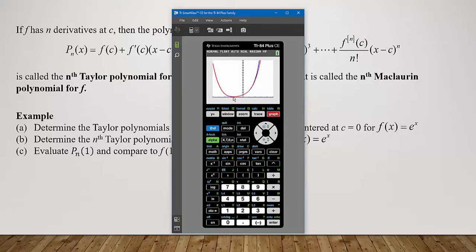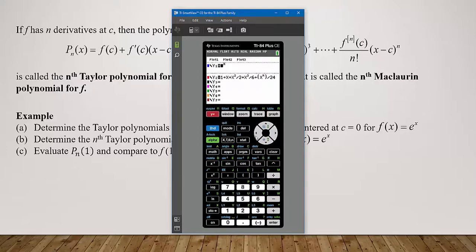Notice there's an interval here, from about here to right here, where the graph of the polynomial and the graph of the function look the same. I can't tell the difference between the two. So how do I get a better approximation? Well, for a better approximating polynomial, I would add one more term.